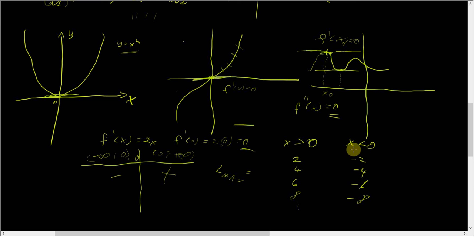So as we can notice, our slope is getting smaller and smaller the more we travel in this direction, and it's getting larger and larger the more we travel in this direction.